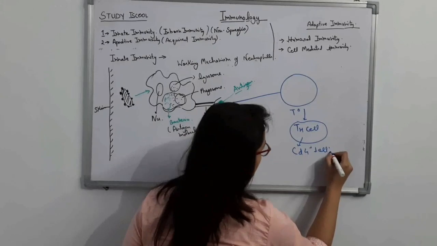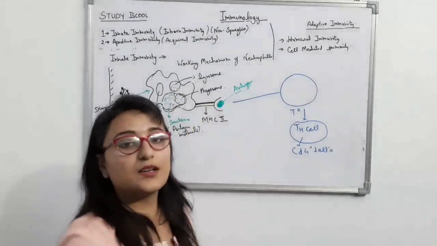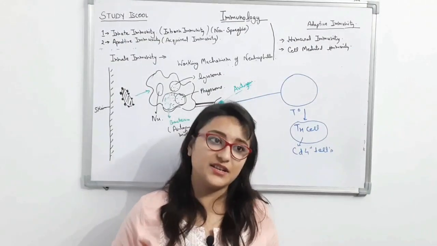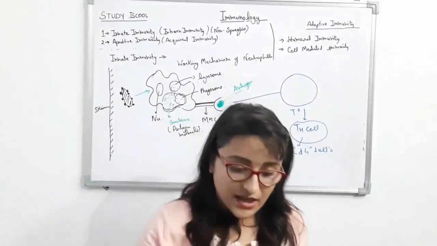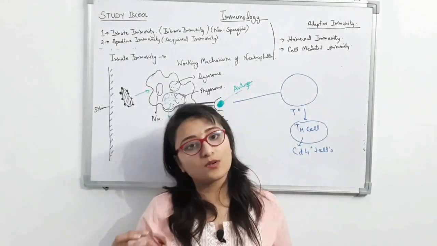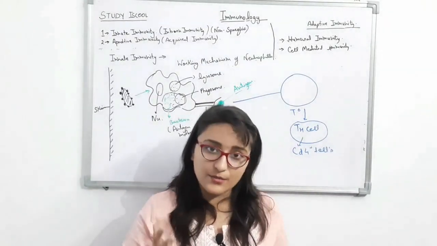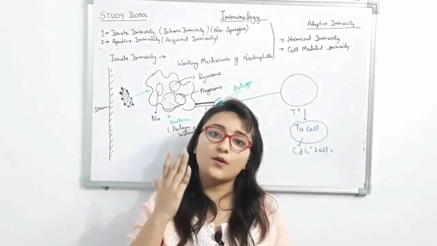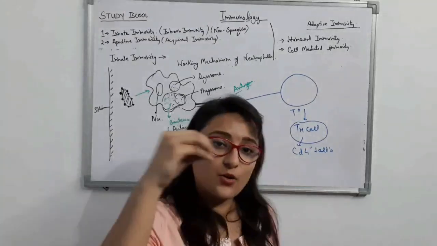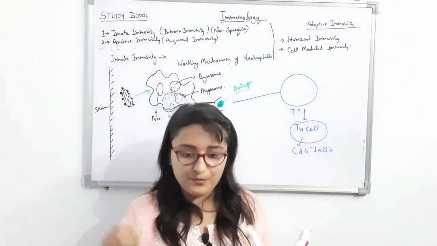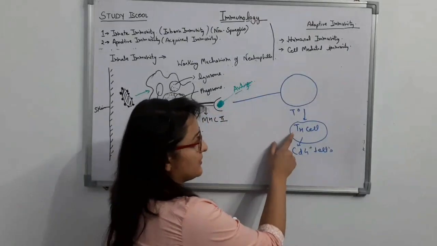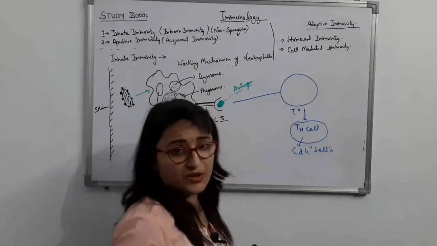T cells are basically of two types. One is the CD4 T cell and the other is the CD8 T cell. CD8 T cells are a special kind of T cell called cytotoxic T cells, which kill microbes with the help of special enzymes called granzymes and perforins, which create holes inside the wall of bacteria or any kind of pathogen. CD4 is very important in immunity.